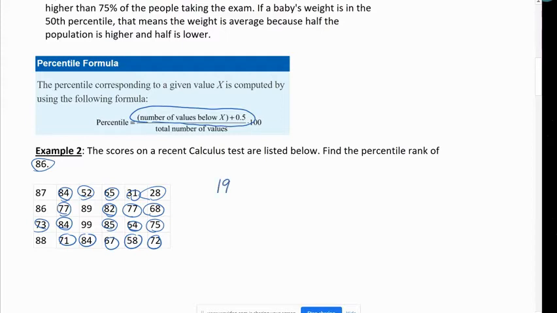There were 19 values that were below 86, and then we add on 0.5, and then we'll divide by 24, because there are 24 scores in this table. So 19.5 divided by 24 is 0.8125. So we'll say that that is the 81st percentile. Meaning the score of 86 is higher than 81% of the other scores.